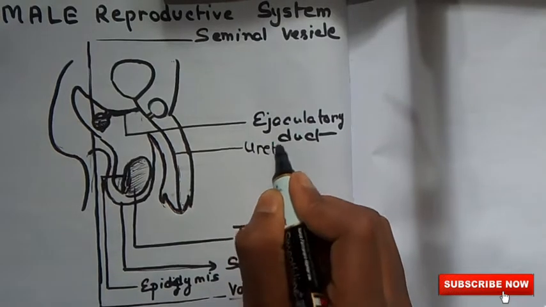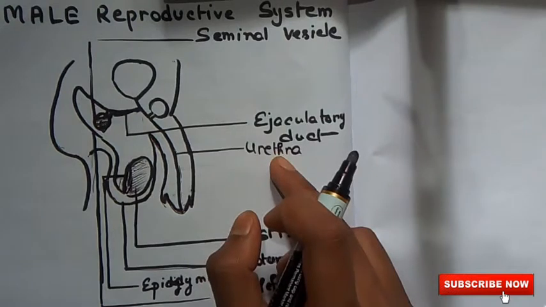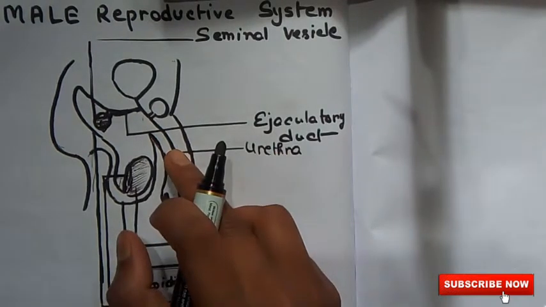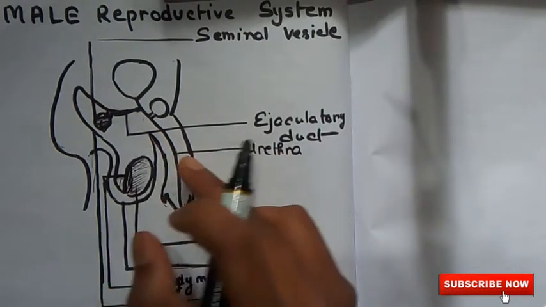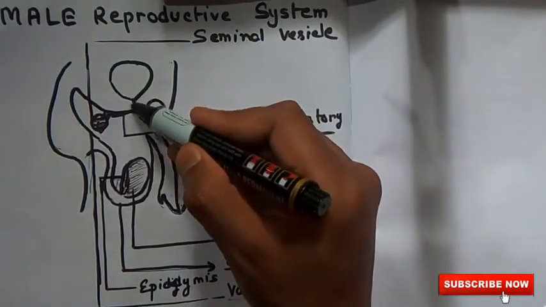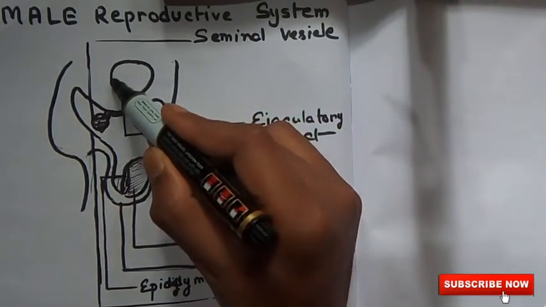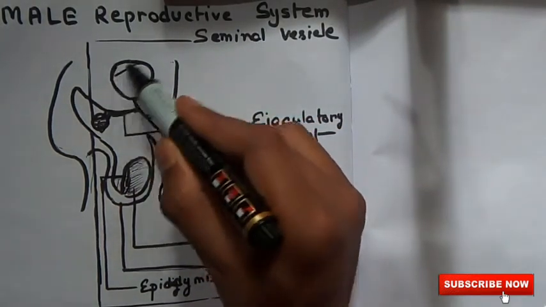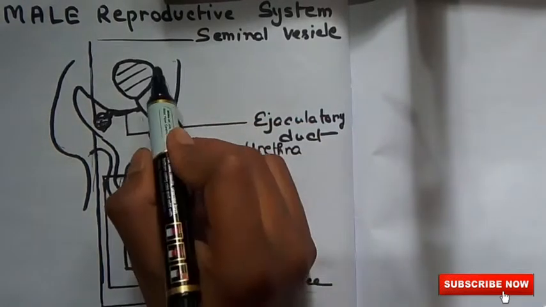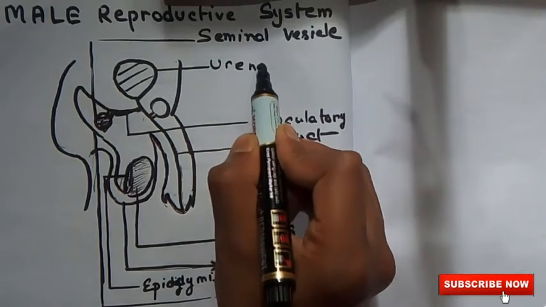This is the urethra, which is coming from the urinary bladder. This is the urinary bladder.